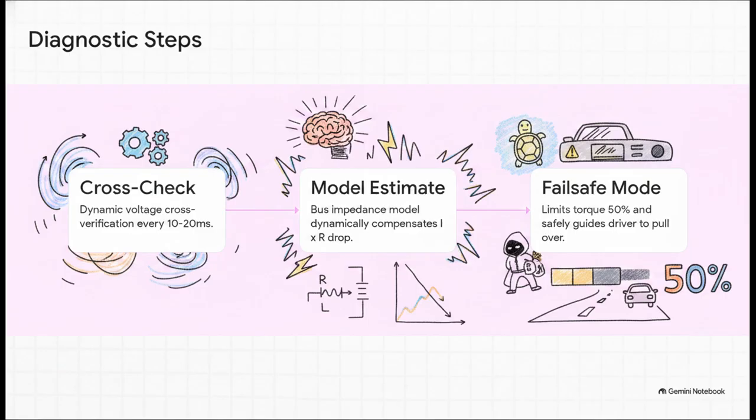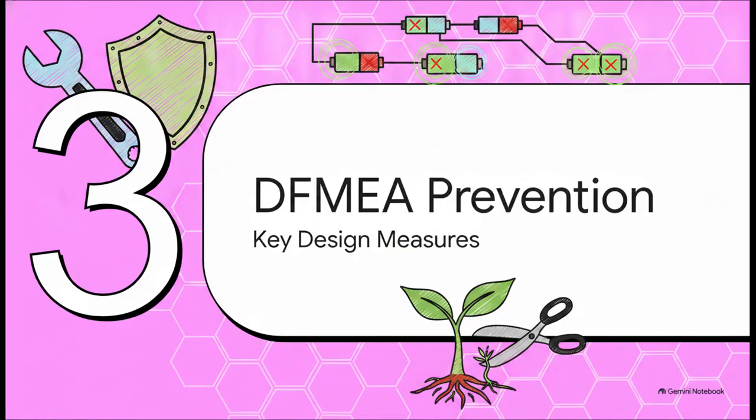Second, it uses a bus impedance model to actively estimate and compensate for that I times R voltage drop during high currents, which filters out those false alarms. But if a genuine hardware drift is actually detected, it triggers a fail-safe mode. This slashes torque to 50%, giving the driver a safe limp home mode to pull over without a sudden, terrifying loss of power.